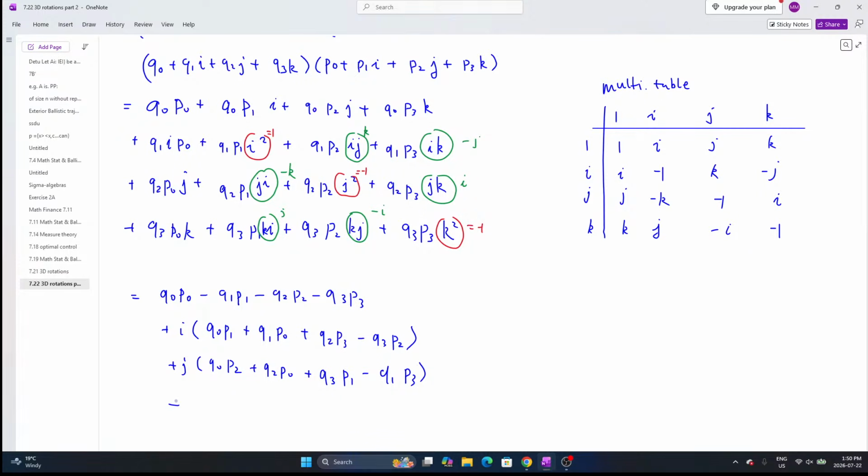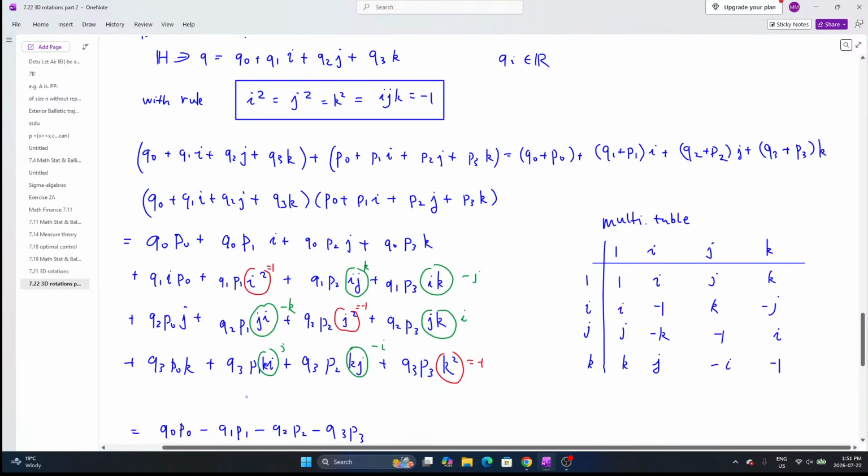And the last term, k times q0 p3, and plus, let's put the negative sign first, minus q2 p1, and here you got a q1 p2, and the last term should be q3 p0. All right, so that's the quaternion multiplication formula.